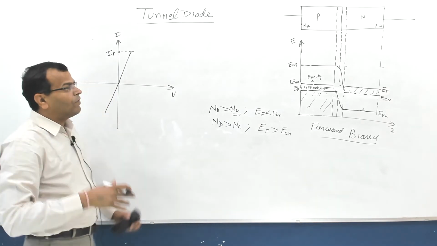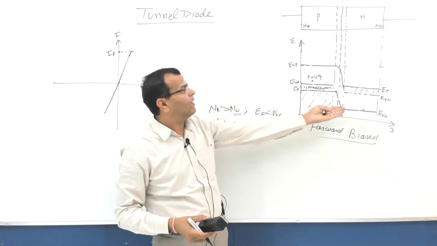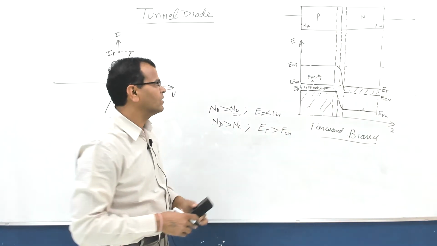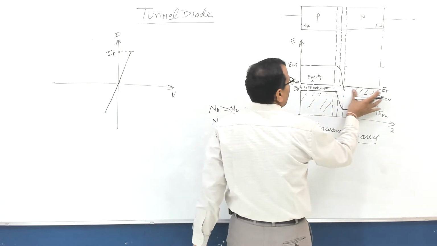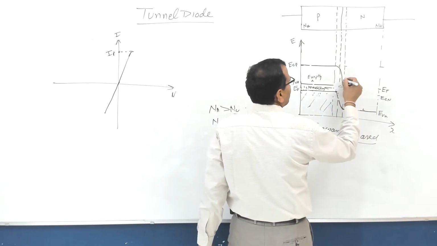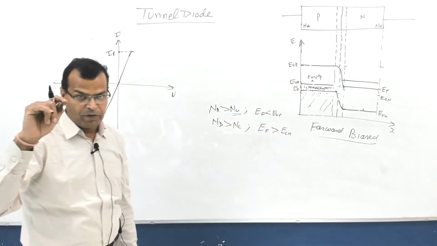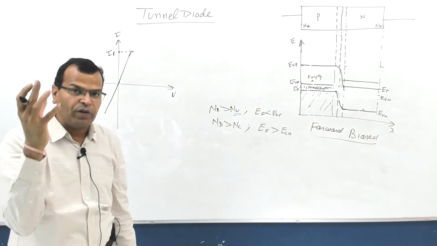So the Fermi level on P side is shifting downward, and the Fermi level on N side is shifting upward. Let us see the case now. You increase the voltage again, the Fermi level is shifting, and remember, the lowest energy level of the conduction band will also be shifting. It is not only the Fermi level.